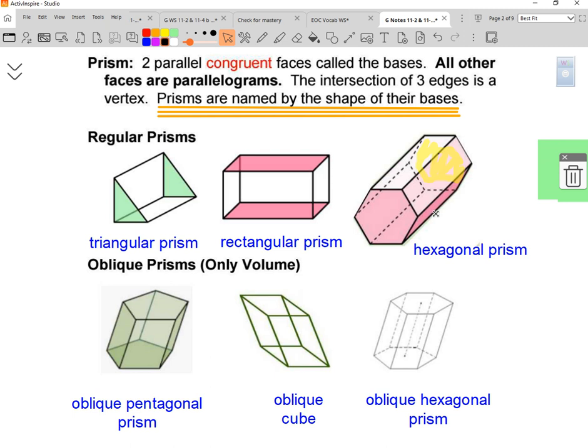You'll notice this hexagonal prism is actually sitting on its bases. So the height of these prisms is the distance between the bases. So the height on those rectangular prisms, let's go ahead and put that in.